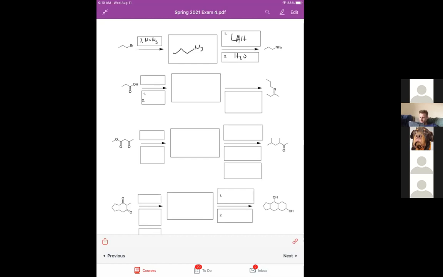Let's see. Probably want to make an acid chloride. We need to add some carbons to this. I don't know why we have a 1 and a 2 in this box. So you get SOCl2, followed by your cuprate.